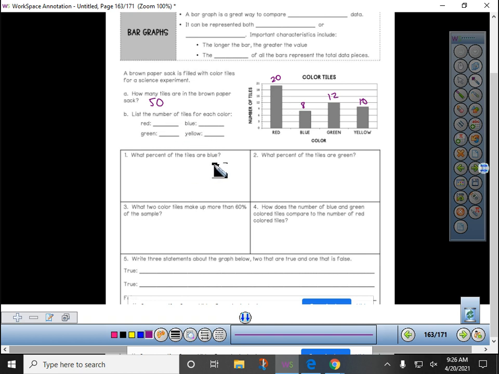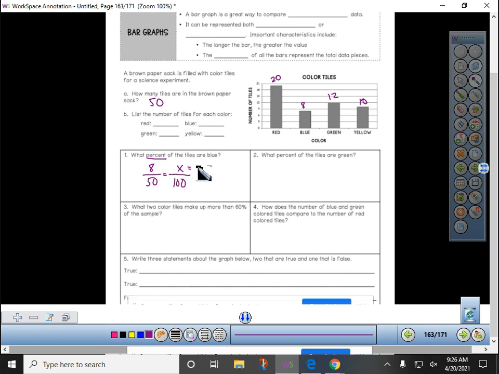Look at number 1. What percent of the tiles are blue? What do you see there? Percent. What do you write? Proportion. And how many were there total? 50. And how many were blue? 8. What goes here? 100. That's pretty easy, right? Can you cheat? Yes.